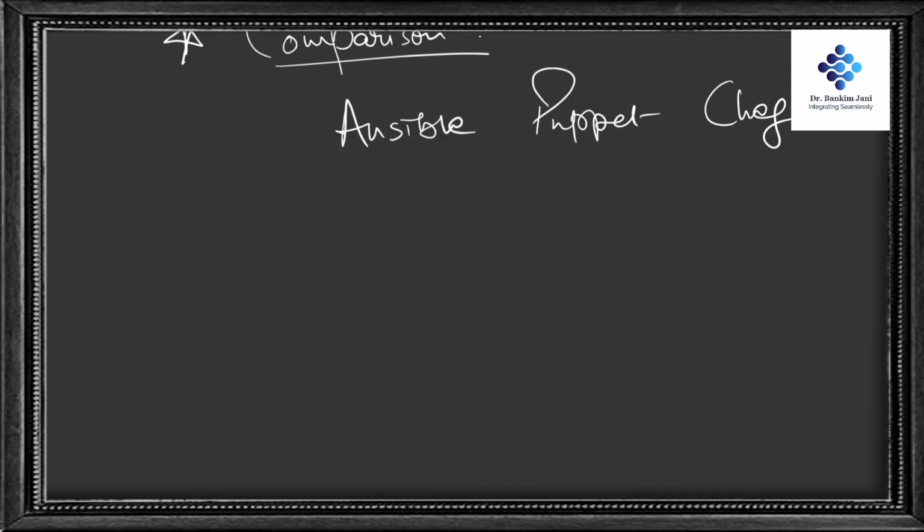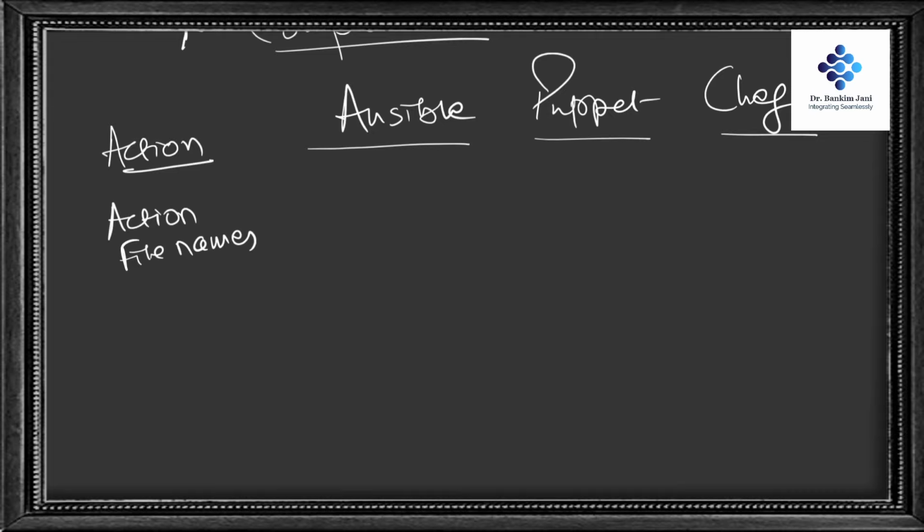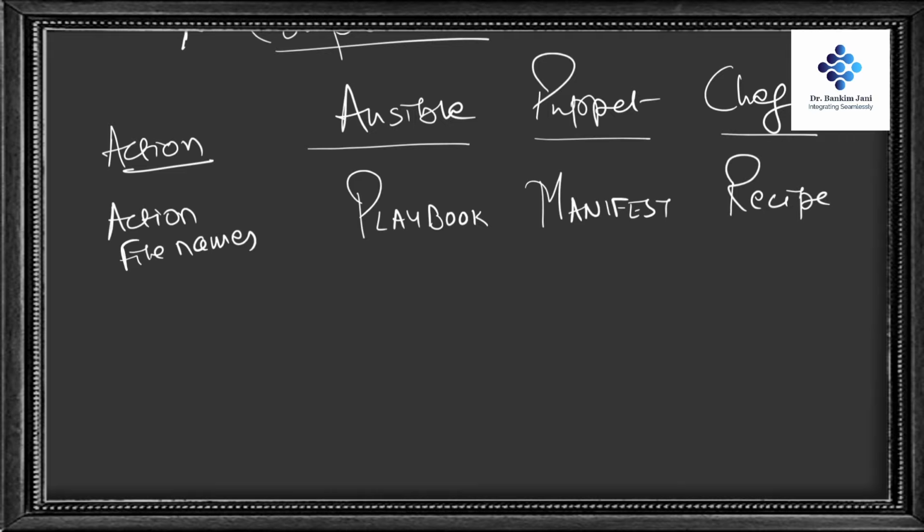So here is the action: file names which will really trigger Ansible, Puppet and Chef. Over here we called it a playbook. You remember it was a playbook. In Puppet the name was manifest. These are keywords you must remember. And in Chef it was a recipe, recipe run list.